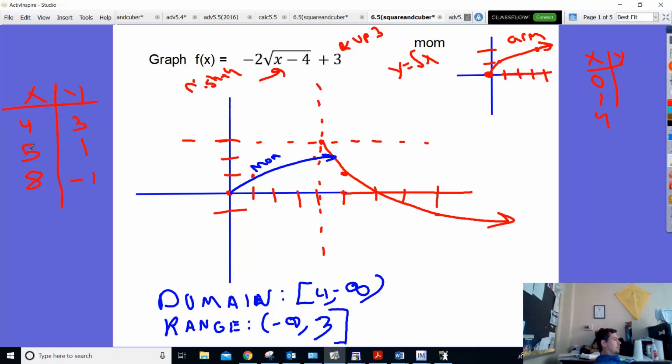How far apart are 0 and 4? 4 units. So then the third entry has to be 4 units from 4. You think about mom. What it all comes back to. Think about what mom looks like. Think about how mom behaves. That's how the child's going to behave.